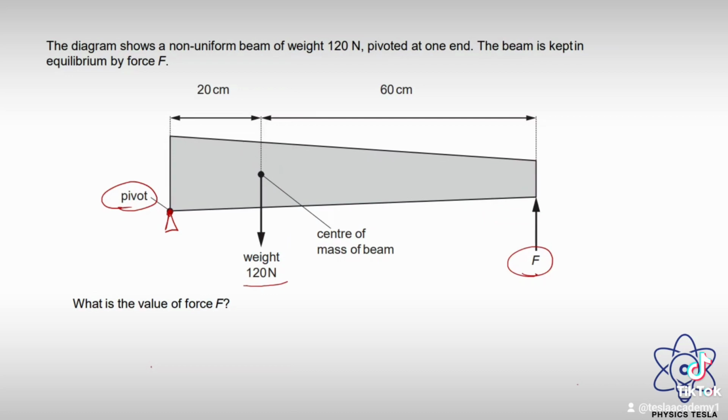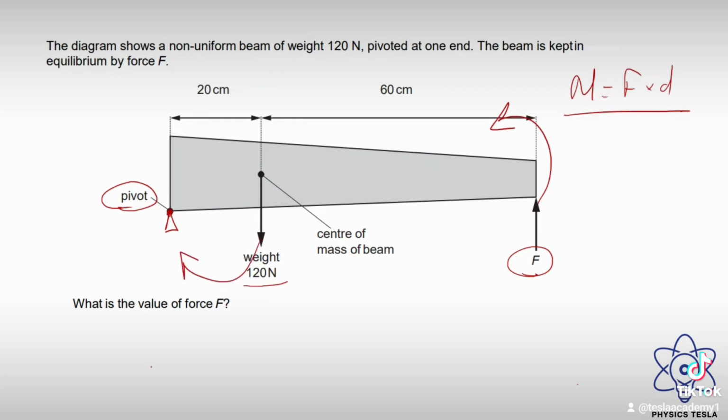Why? Because they are confused about the distance all the time. Some of them accept the pivot here, or they accept the distance as, for example, only 60. How will it be? Again, I will write the moment equation. Okay, and here this force will rotate our beam in this direction, and the weight will rotate it in this direction.